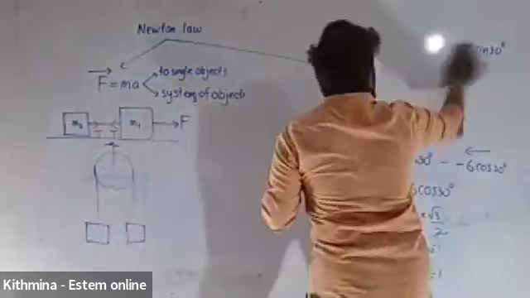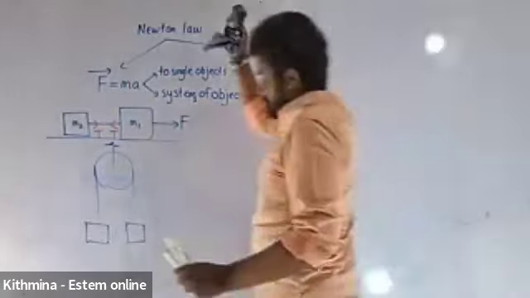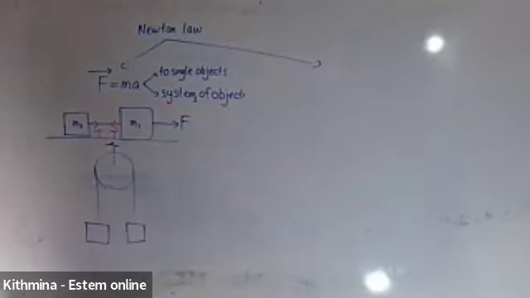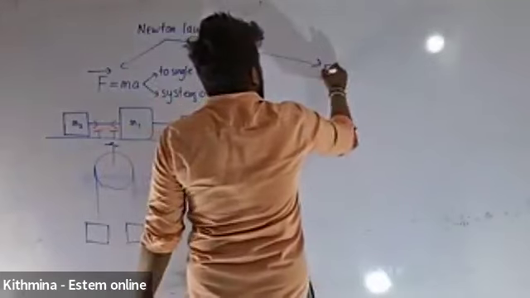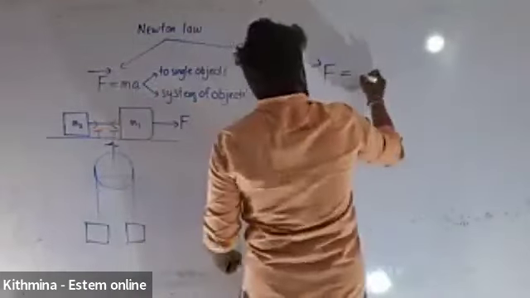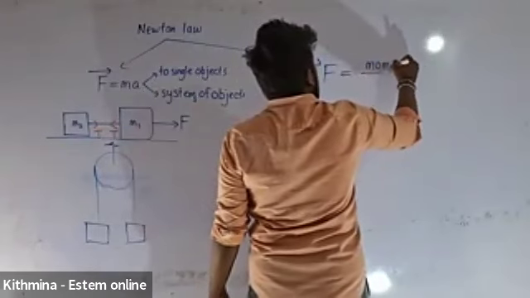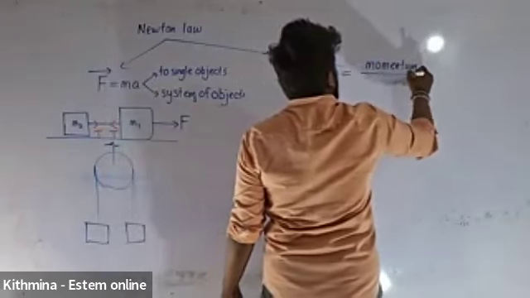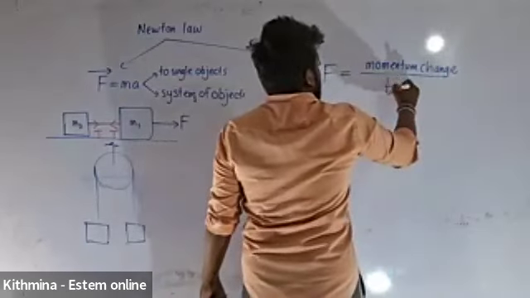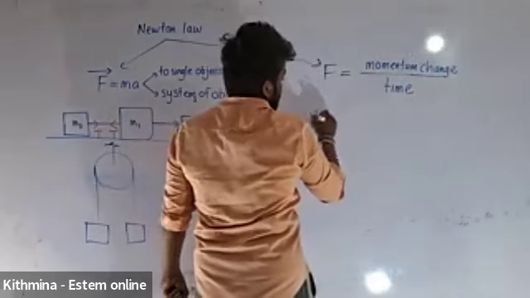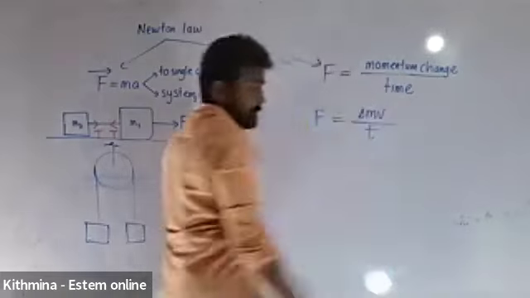And the other type is the questions that can come from Newton's laws. We know not only F equals ma, but F equals the momentum change over time. That means F equals delta mv over t.